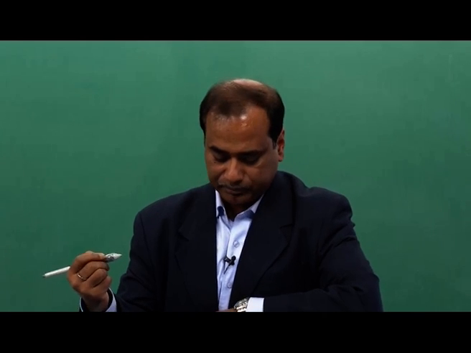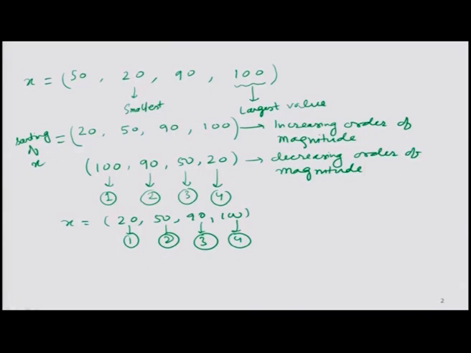For example, here this is the sorted data and this is the original data: 50, 20, 90 and 100. Now, if you compare these two, what happens?